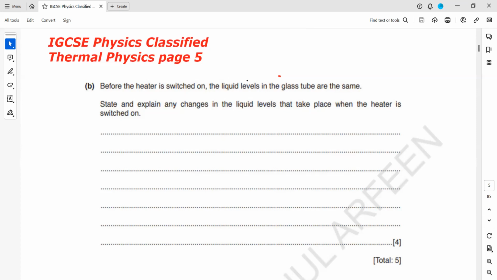First thing, one mark for mentioning dull and dark surfaces, or a matte black surface, is a good absorber. So 1 point you will score when you mention that the matte black is a good absorber.